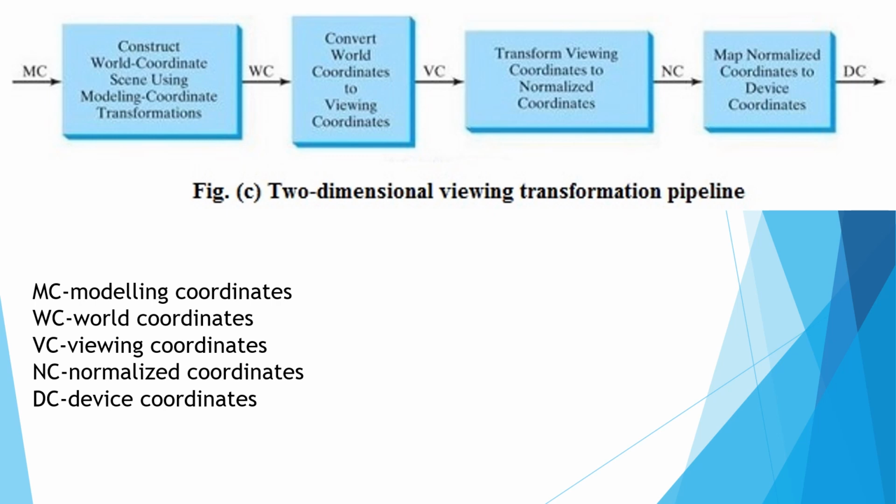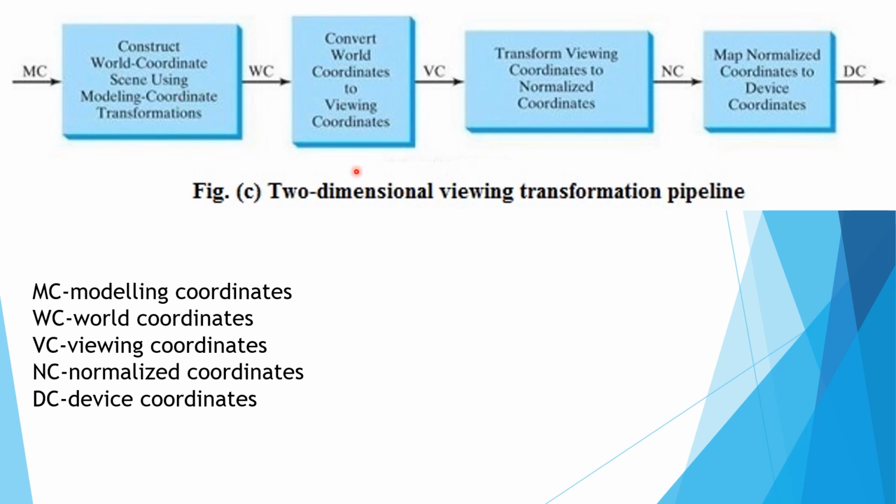Here, this is a block diagram of the two-dimensional viewing transformation pipeline. Here MC is modeling coordinates, WC is world coordinates, VC is viewing coordinates, NC is normalized coordinates, and DC is device coordinates. Using modeling coordinate transformations, we construct the world coordinate scene.